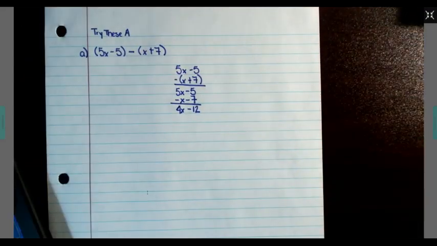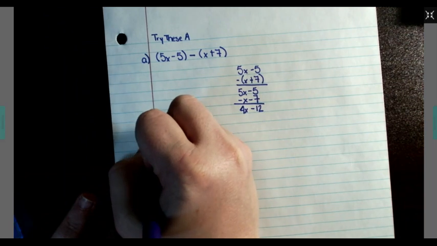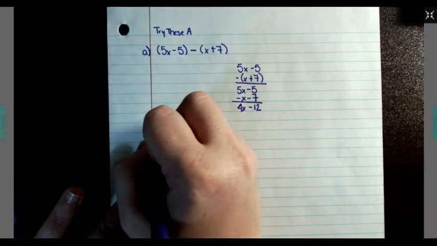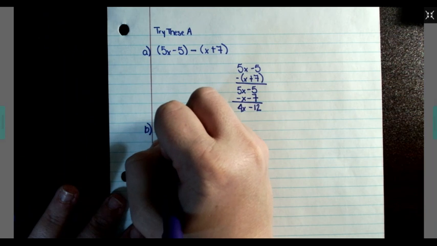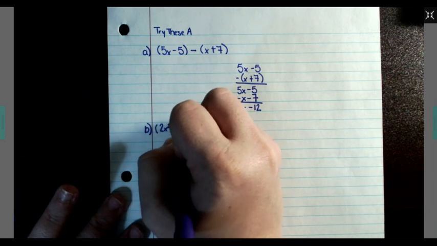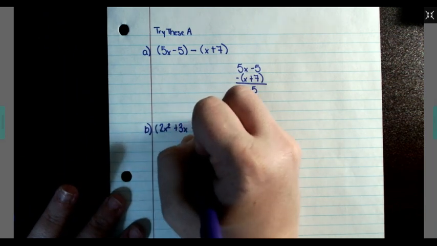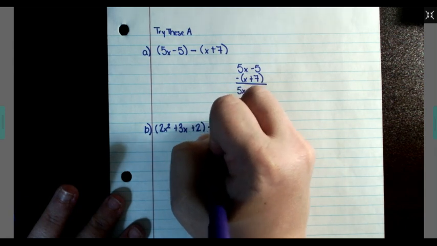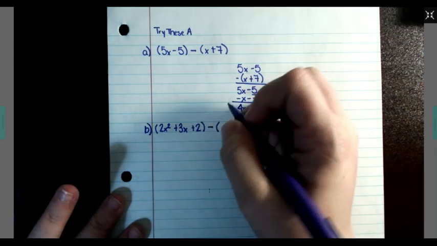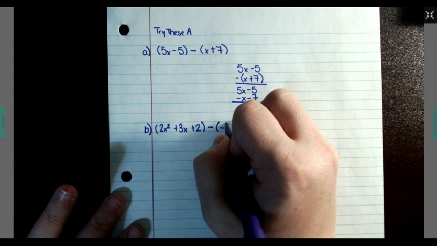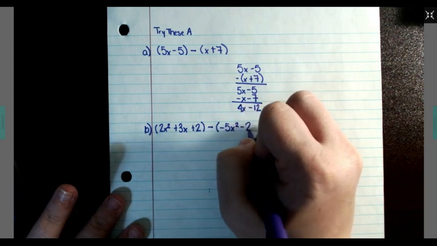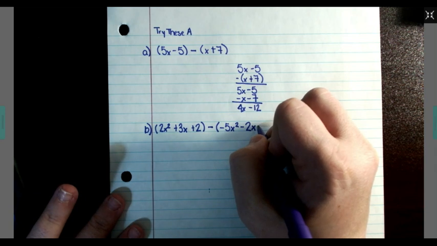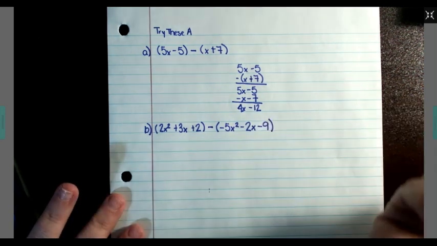Let's try letter B. This is going to say 2x squared plus 3x plus 2 minus negative 5x squared minus 2x minus 9.